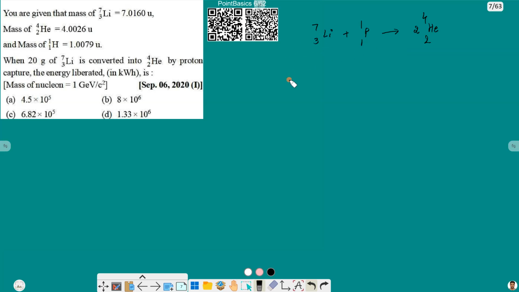Now 1 mole of lithium is basically 7 grams. Mass of 1 mole of lithium is 7 grams, and this proton, its mass is also given. So 1 mole or 7 gram of lithium plus 1 gram of this proton is giving us 8 gram of helium, and that is basically 2 moles.